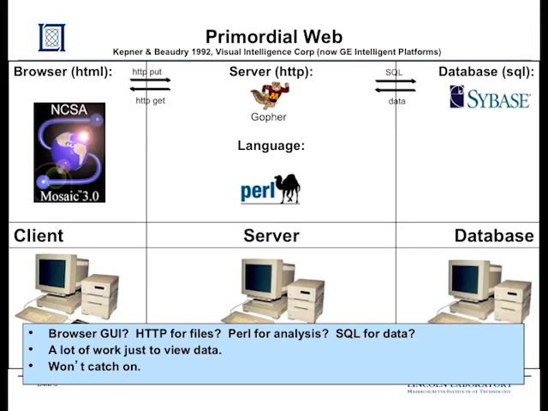It was getting its clock cleaned by another technology called Gopher, developed at the University of Minnesota, which had a much easier interface. The server was a lot better, it was a lot easier to do links than in HTML, and it was just a menu-driven, text-based way to do that.